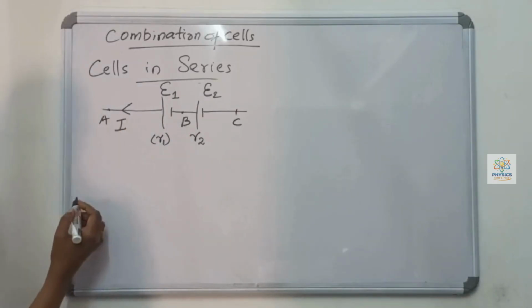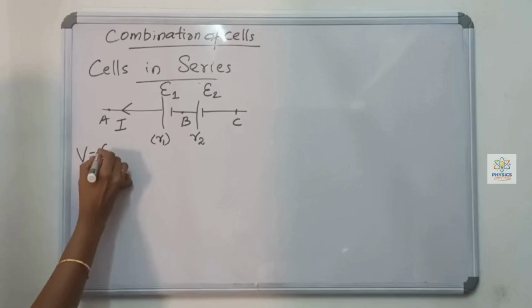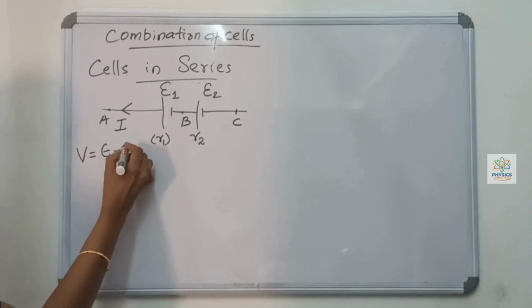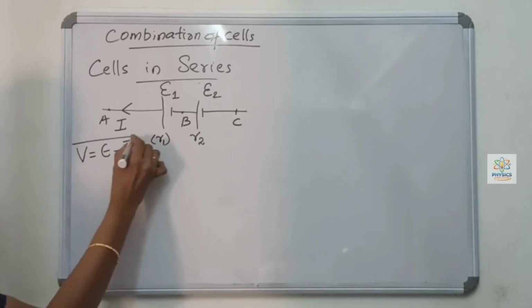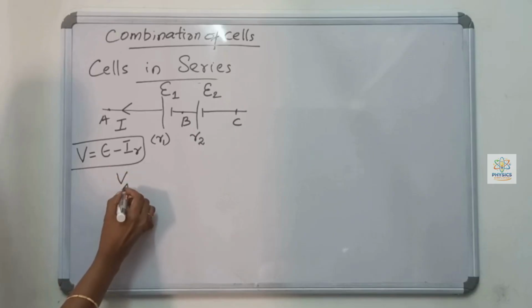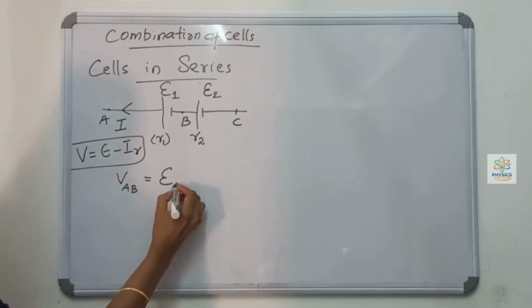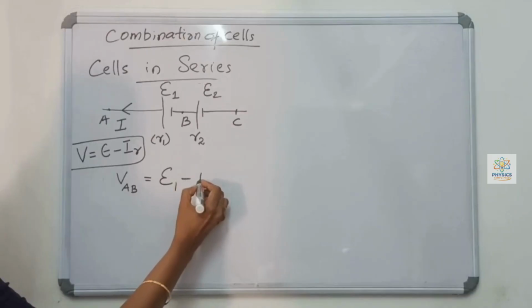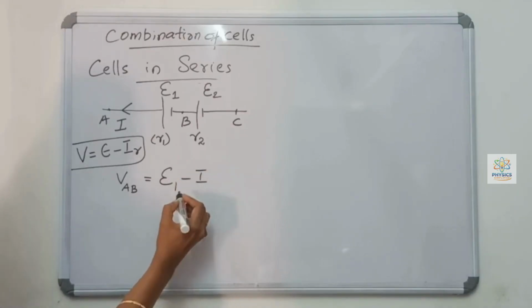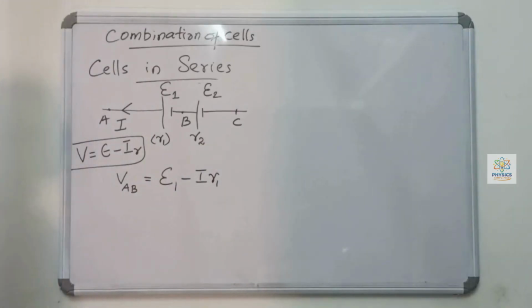To calculate this, we have to use the equation terminal potential difference V is equal to E minus I into R. So the potential difference between the terminals of the first cell, we can write VAB, which is equal to EMF E1, and in series combination the current is same, so that we can write I into R1, that is the potential drop in the first cell.